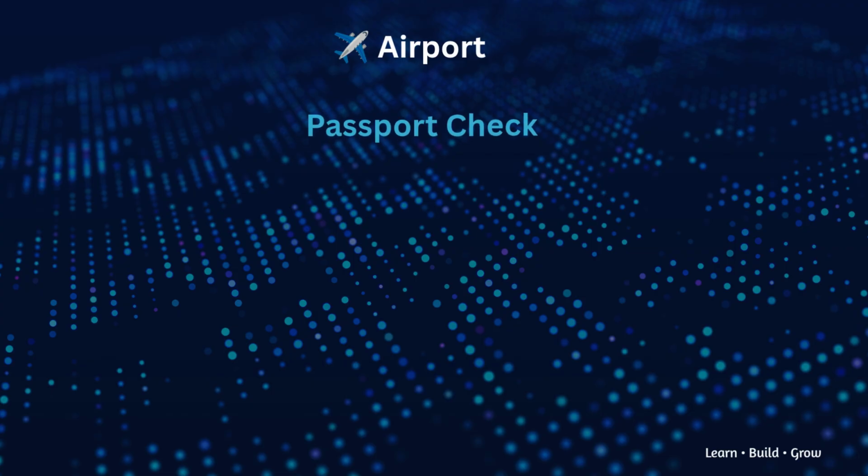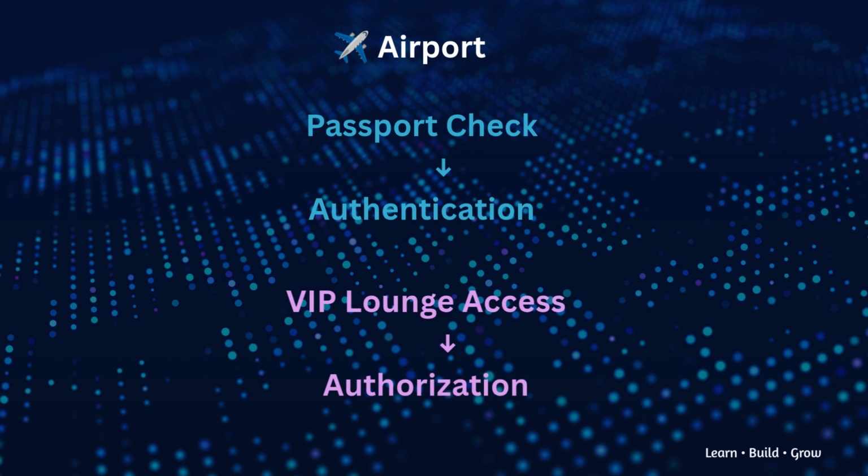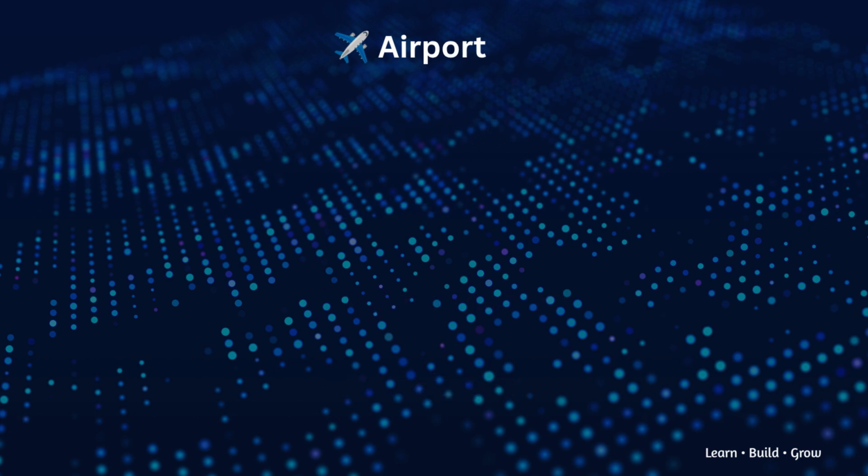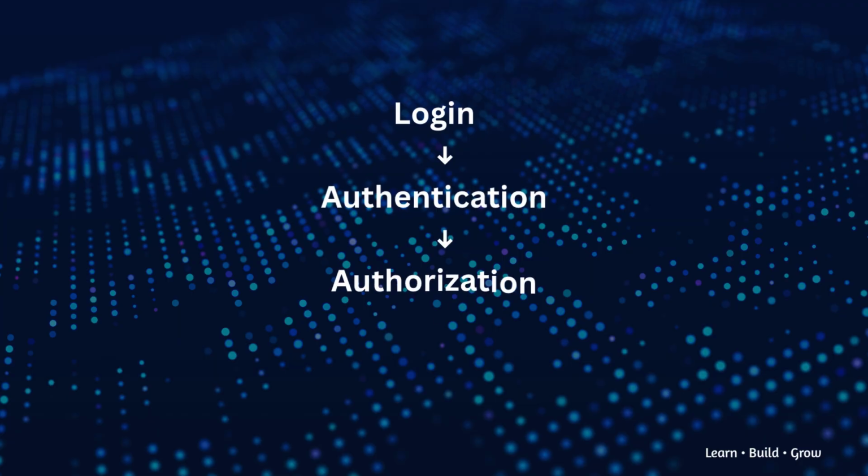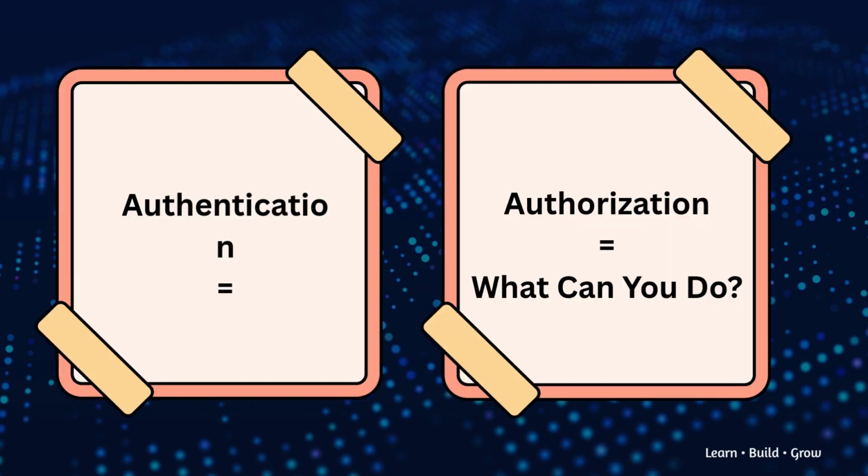Showing your passport is authentication. Accessing the VIP lounge is authorization. In Spring Security, authentication comes first. Once your identity is verified, authorization decides whether you can access a particular resource. Remember this: authentication answers who are you, authorization answers what are you allowed to do.